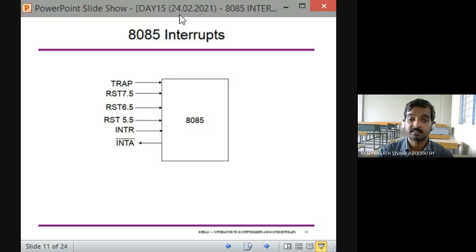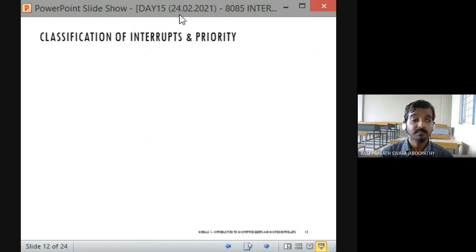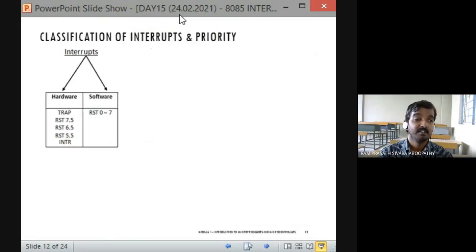So in 8085 we have only 5 hardware interrupts: trap, RST 7.5, 6.5, 5.5, and INTR. Now we can classify the interrupts, so that you can have some idea: classification of interrupts and their priority. Based upon hardware and software, we can classify the interrupts like this.